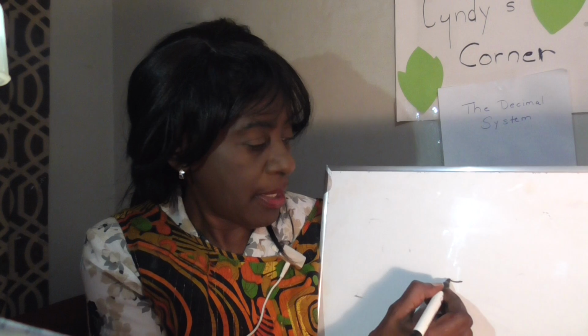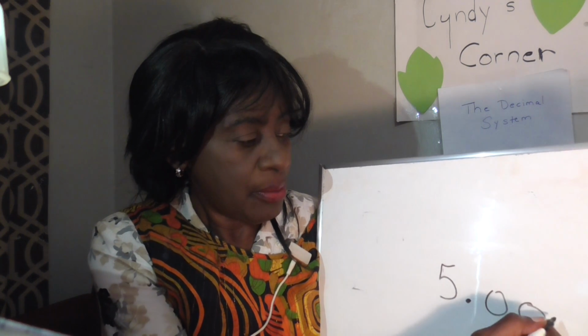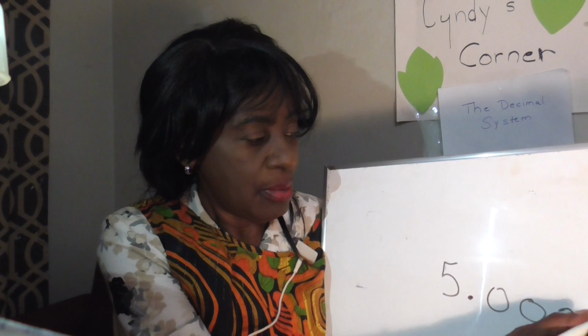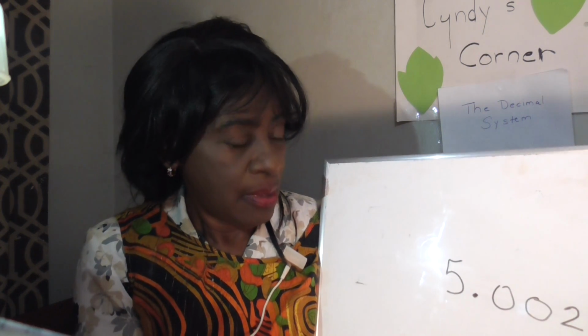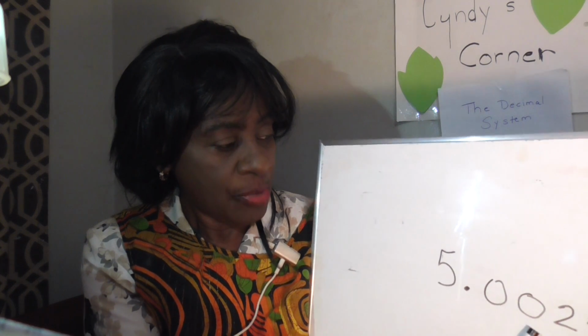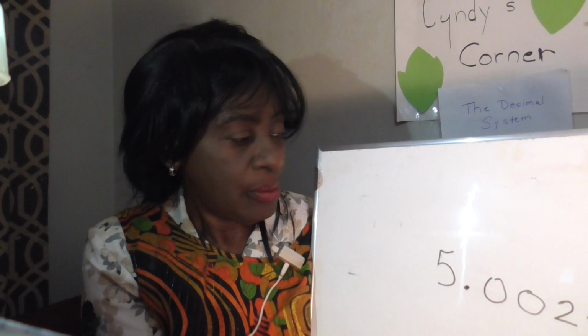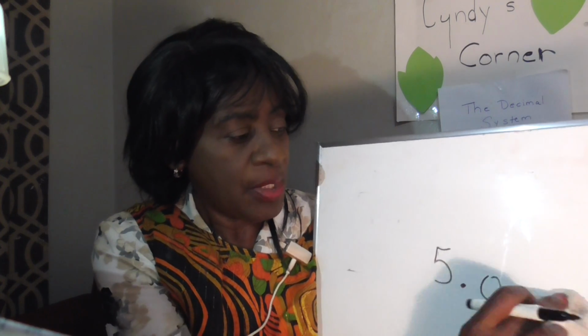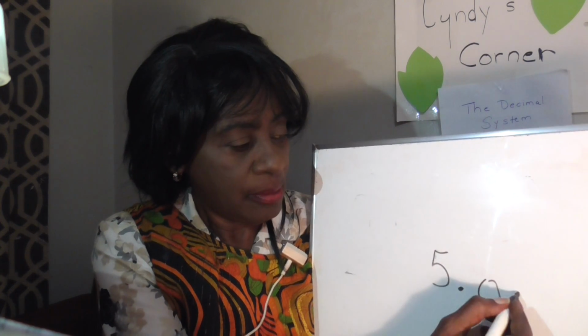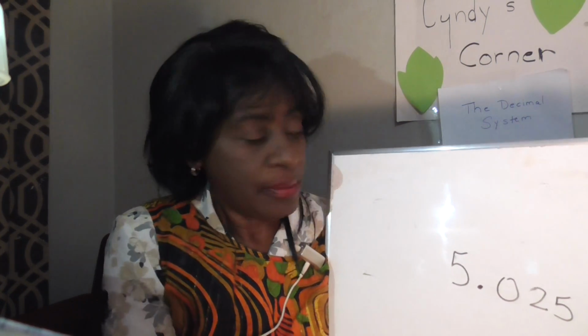It may be 5.0025. So now we're talking about 10, 100, 1,000, 10,000. When there's no value there, a 0 is placed there.